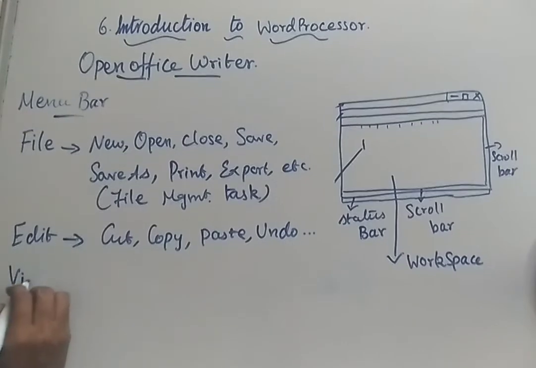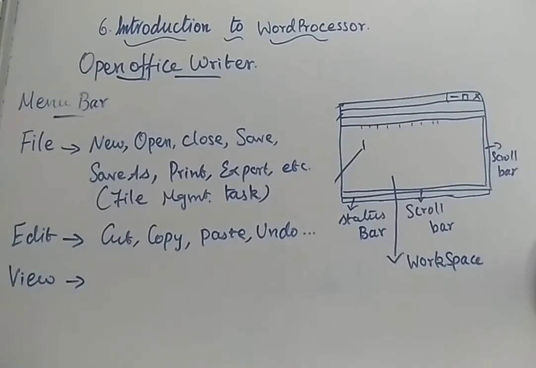Next you are going to have your view menu. View means you are going to see something. For example, if the toolbar is not seen on the window, just by clicking here you will have many sub-menus, and by clicking that one, the toolbar will be seen for you.